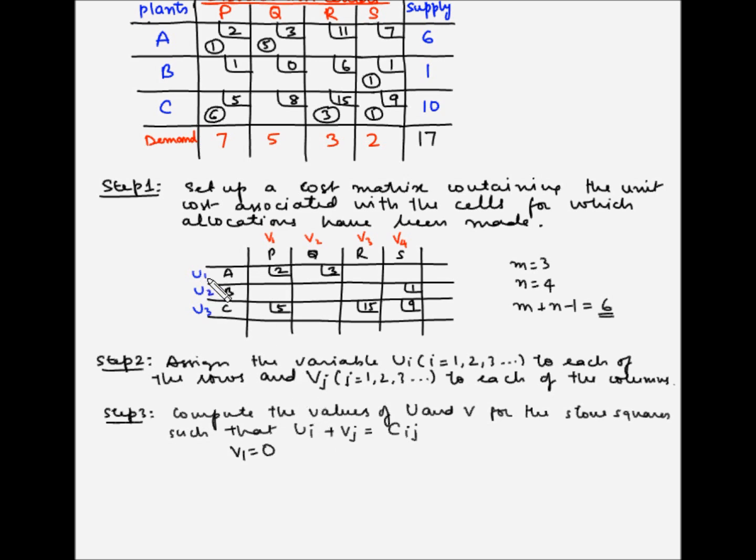So u1 plus v1 is equal to 2. u1 plus v2 equals to 3. u2 plus v4 equals to 1. u3 plus v1 equals to 5. u3 plus v3 equals to 15.